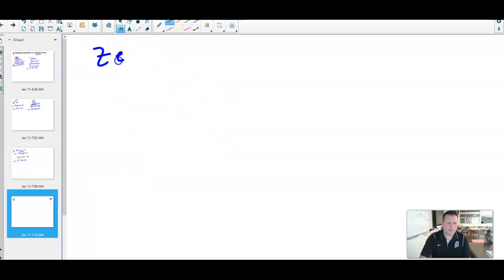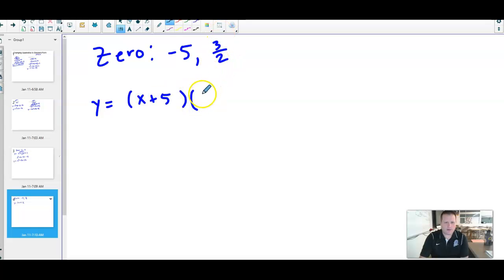So let's say I'm giving you my zeros. Let's say that they are negative 5 and 3 halves. Let's go with that one. So this would be y equals, again I'm going to have two parentheses, this would be x plus 5. And then this one, be careful, remember this one's going to be 2x, and then minus 3 because I have to do the opposite of that. So just think about what would give me that.